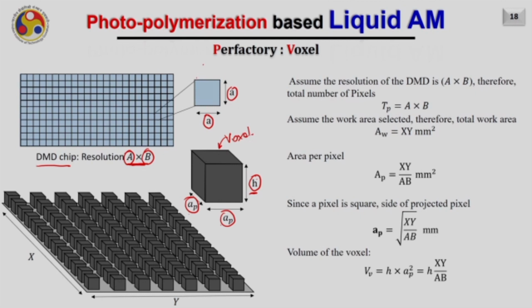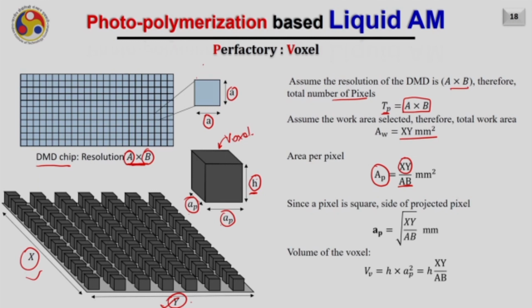Now assume the resolution of the DMD is A cross B, therefore the total number of pixels will be TP equals A cross B. Now assume that the work area selected on which we are going to make the part is x by y. Hence the entire area will be xy mm square. Now the area of the voxel cured on the xy plane can be given by AP equals the entire area of this bed divided by the resolution of the DMD chip.